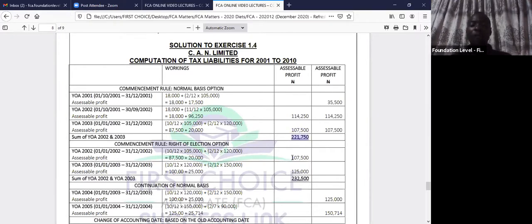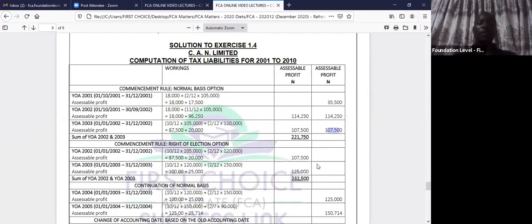Then I will do right of election. I'll put it here. I'll put the second one here, and I will sum. So whichever gives me the lower one, it means these two are qualified. That is when I will now put this one here, and I'll put this one here. These ones did not make it, so it just showed them. Okay, we've done the second and the third year.